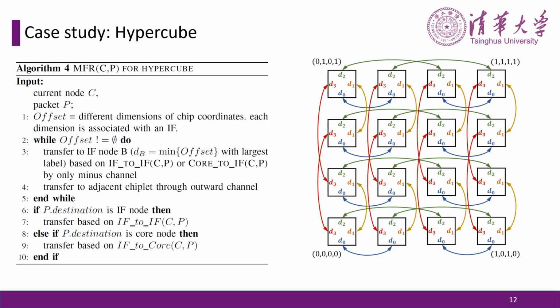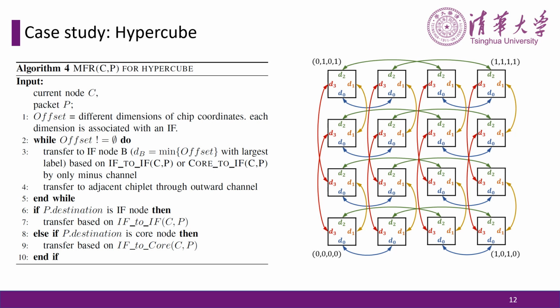I'd like to present minus-first routing on the hypercube as a specific example. As shown in the figure, each of the 16 chiplets is clustered into radix 4. The routing algorithm is straightforward. Each chiplet has its coordinates in the hypercube, from which we can calculate the offset, which gives the dimensions that need routing.